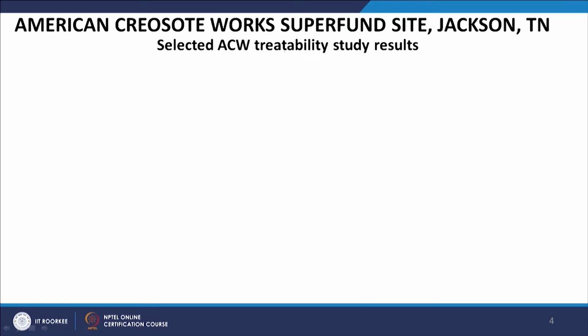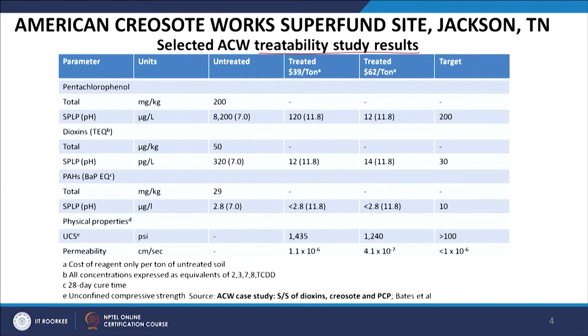So some other treatability study results, just for our understanding here. So let us look at what we have here. Obviously we have different parameters here. Different compounds: pentachlorophenol, dioxins, polyaromatic hydrocarbons, and then the physical properties, right. So here we have total, right, and then we have this synthetic, a kind of leaching procedure test, slightly different from the TCLP test, right.